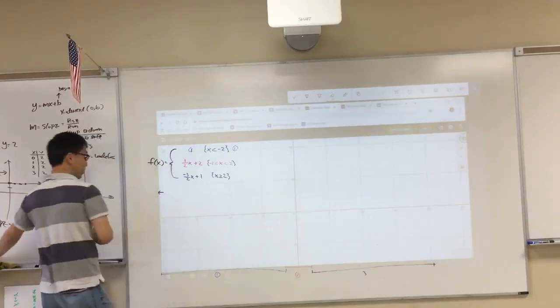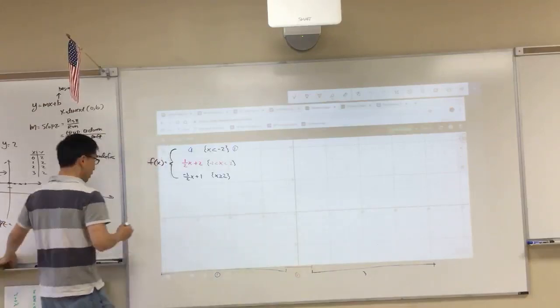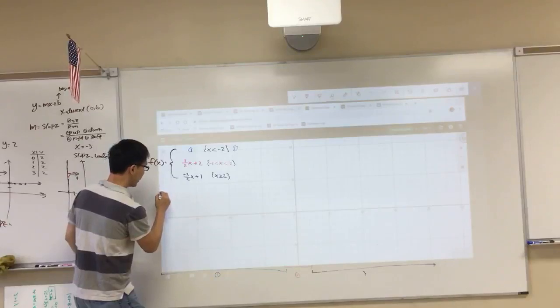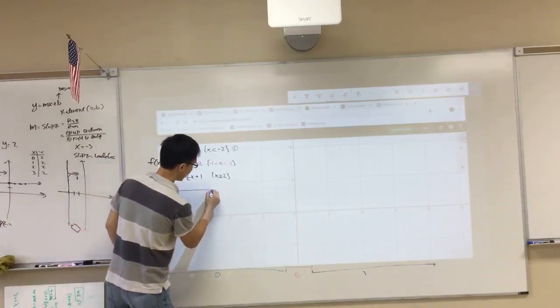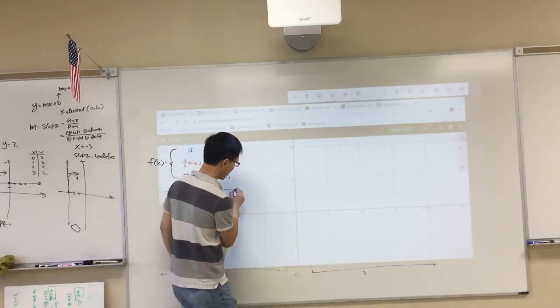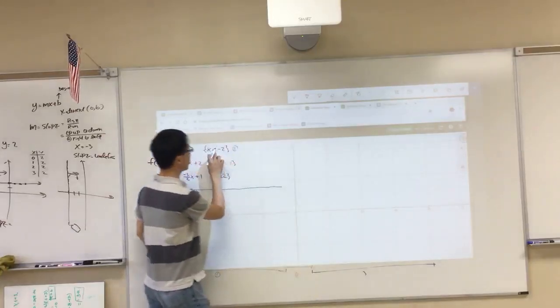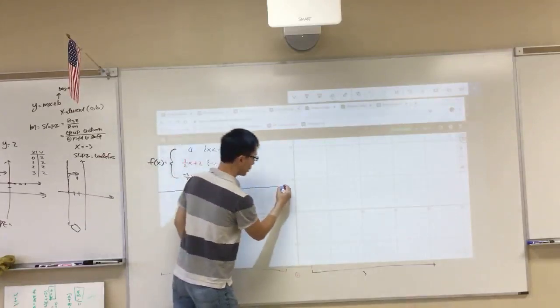Blue. It's a blue color, so you have to remind me. The blue color is going to be this one here. When do I stop? -2. And is it an open circle or not? Open circle, good.